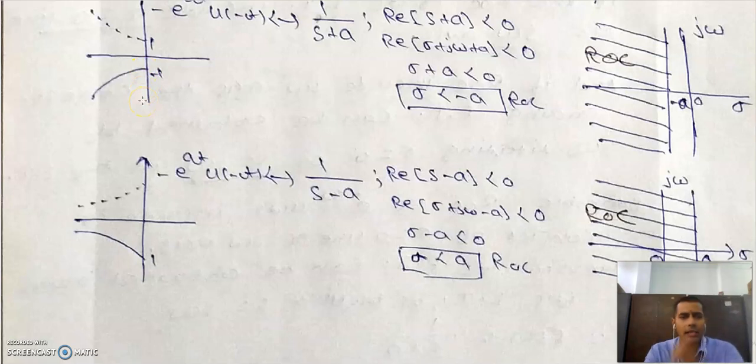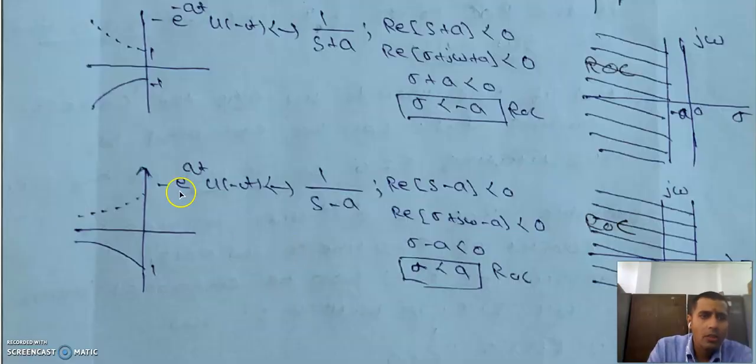In this case we can see the ROC. Both are left sided signals, so the ROC is also left sided.